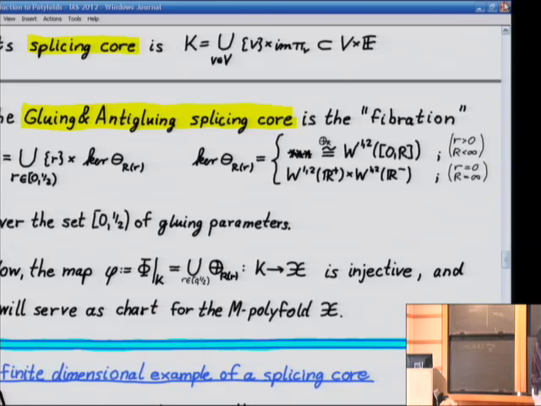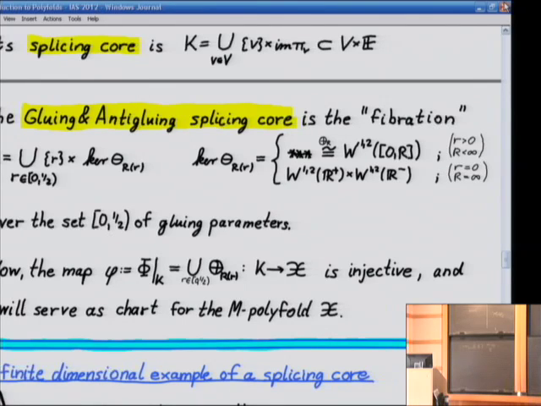And so in the case of the gluing and anti-gluing, you have your gluing parameters, the kernel of the minus gluing, which for gluing parameter 0 is indeed my whole space. That's what I wanted. And for positive gluing parameters it is something that I don't quite know. It just doesn't look pretty. But when I apply the plus gluing to it, it makes it isomorphic to maps on this line interval of length r.